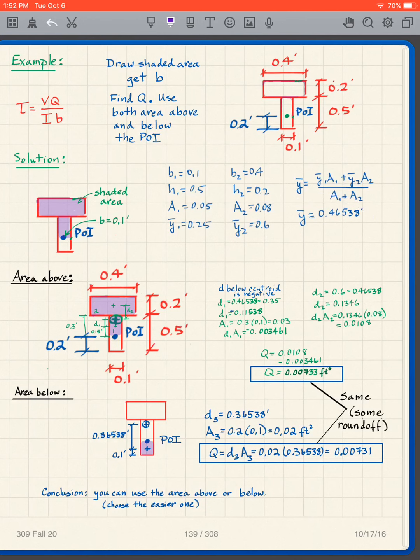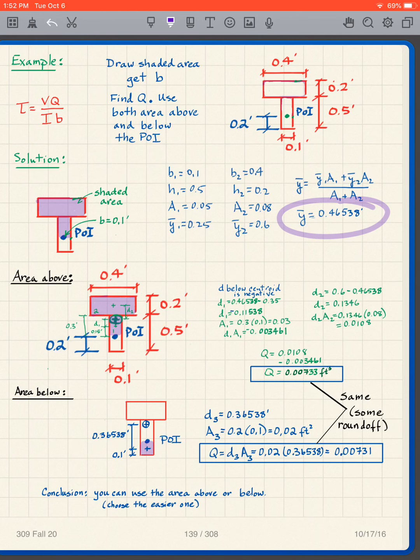Okay, so my y bar overall, now there's a little bit of a trick to this one, is right in here, which is 0.46538 if you want to carry a lot of digits there. No matter. But I'm going to do this two ways.